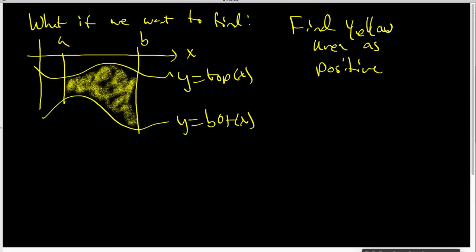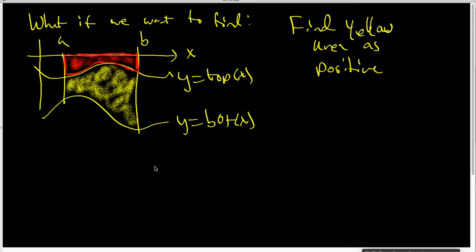Well, I'm going to continue doing the same thing that I did before. We will highlight a chunk of red area that I know is connected to the integral of the top function.